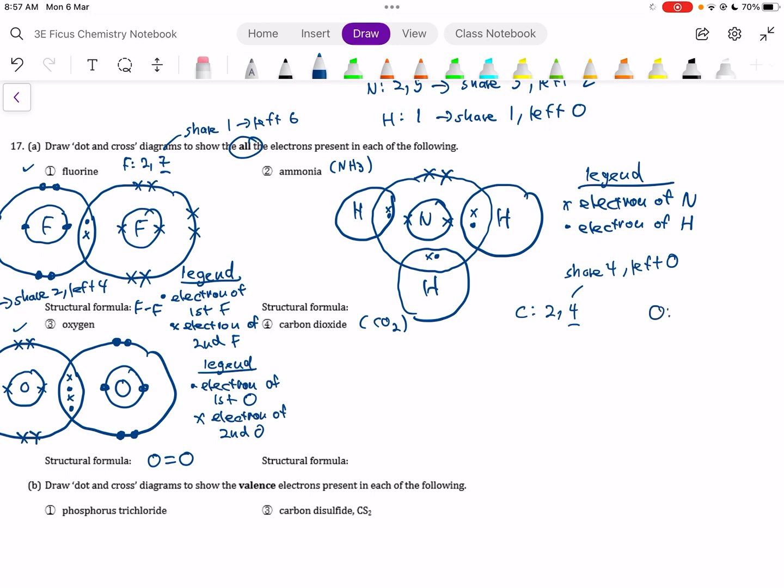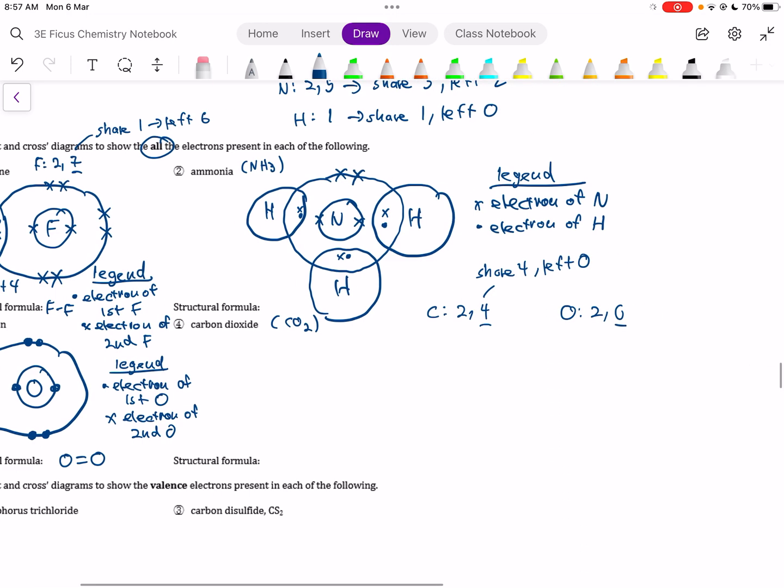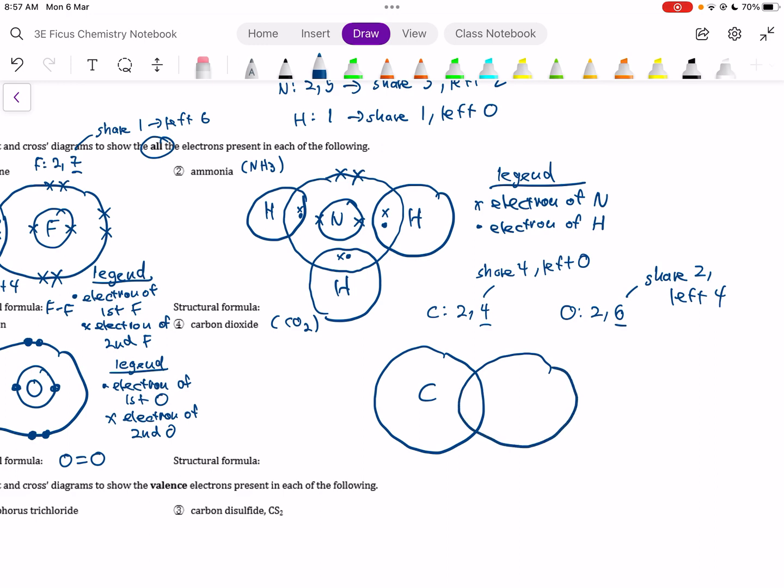Then you also have oxygen. You will share 2, left 4. Carbon will be in the middle, surrounded by 2 oxygen. Carbon shares 4, left 0. To be fair, share 2 each.